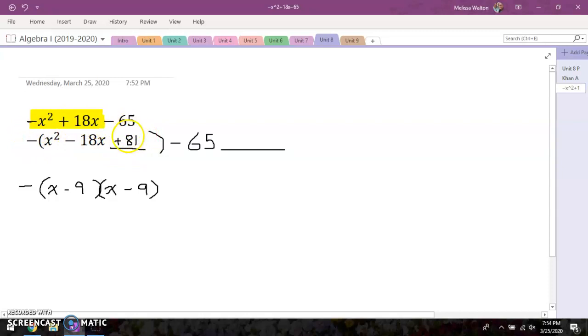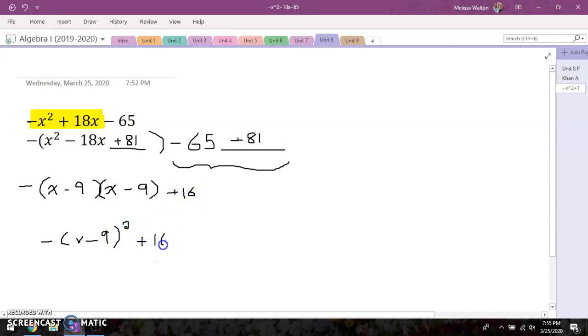So negative times 81 means we actually subtracted 81 here. Because I subtracted 81, over here I need to add 81. And when I combine these, negative 65 plus 81 is positive 16. So here we go: negative, x minus 9 squared, and then finally my plus 16 on the outside.